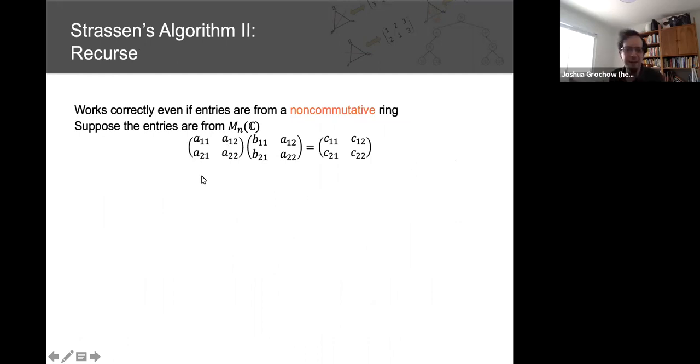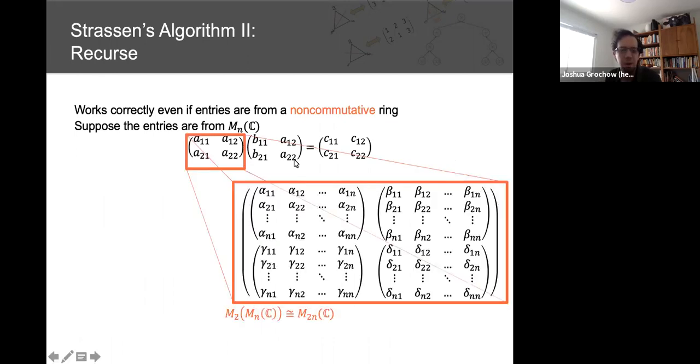And the way you get asymptotic improvement from this is you imagine that the entries come from n by n matrices themselves. So I have 2x2 matrices whose entries are n by n matrices. A cute little exercise if you've never thought about this: the ring of 2x2 matrices whose entries come from n by n matrices is the same as the ring of 2n by 2n matrices.